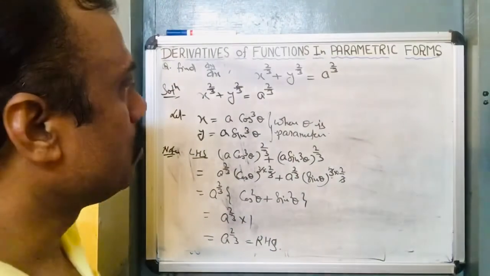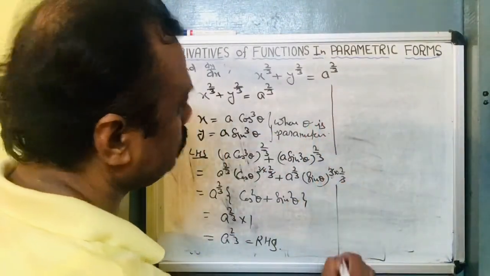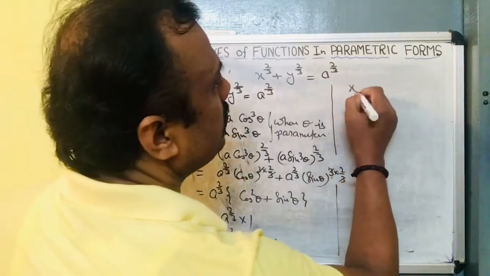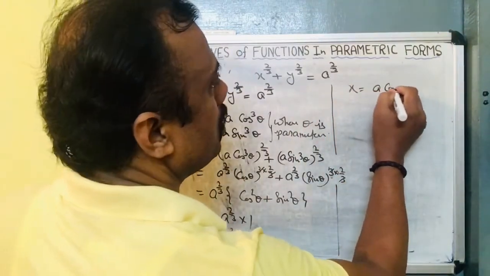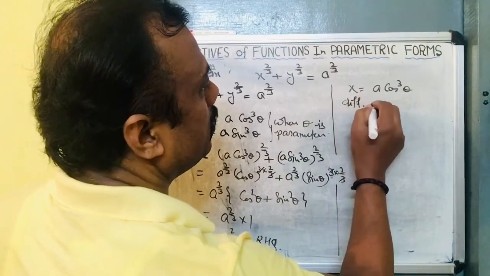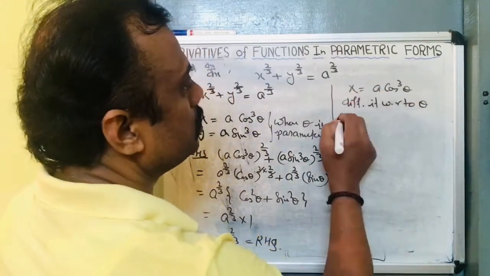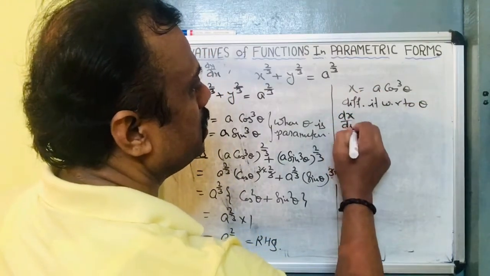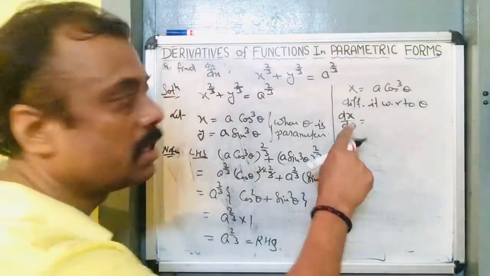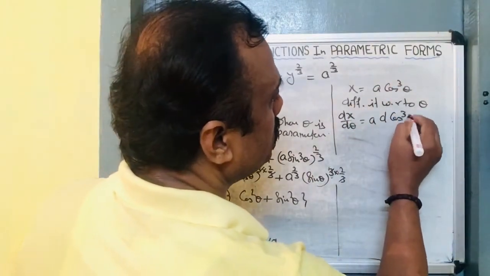Okay, now I am going to find dy by dx. For that, x is given as a cos cube theta, so differentiating it with respect to theta, d by d theta of x equals d by d theta of a cos cube theta.